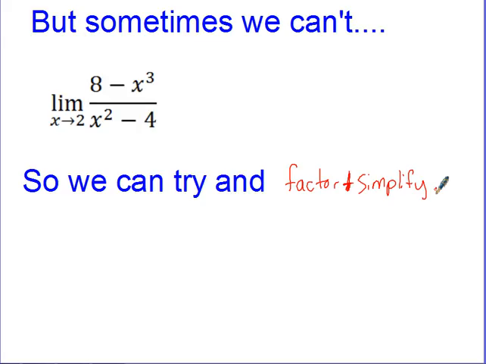All right? So what I'm going to do is look at this function independently. So I have 8 minus x cubed over x squared minus 4. Okay? Can you guys factor the bottom for me? Good. She said x plus 2 and x minus 2.